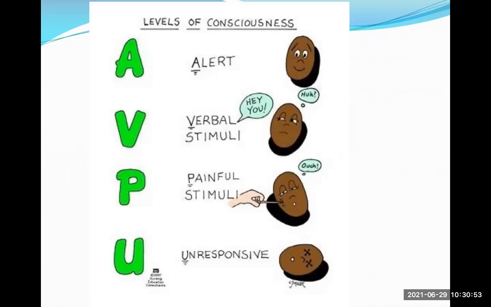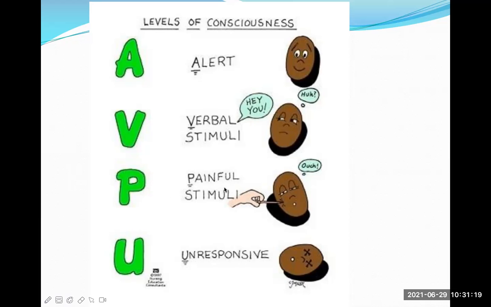Apart from that, one very easy clinical way of judging the level of consciousness is known as the AVPU scale. It's very commonly used in clinical practice. A, alert. V, responding to verbal command or verbal stimuli. If I ask, hey, are you okay? The patient will respond.